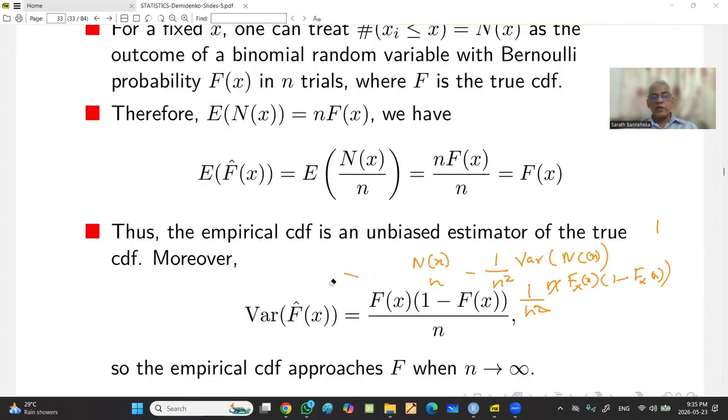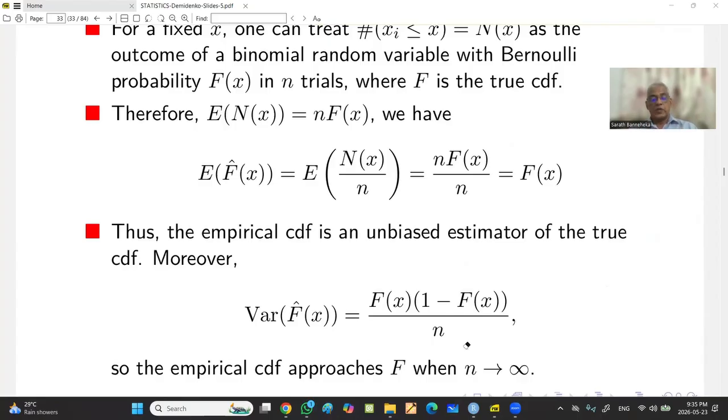If you consider a larger sample, then the variance of F hat at x will be smaller. If you increase n to infinity, this thing will be 0. So the expected value of F hat x is equal to F(x). The variance of F hat x is a function of n, but this variance will reduce when n is increased.